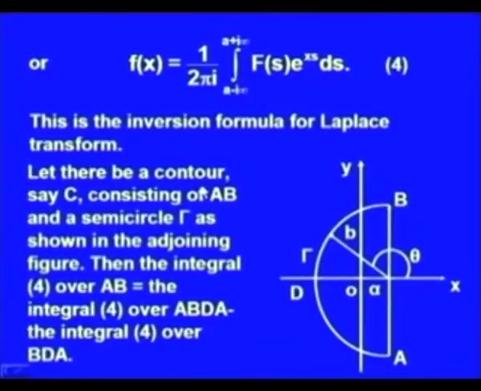So, let us assume that there is a contour C which consists of the line segment AB and a semicircle gamma as shown in this figure. Then the integral 4 along AB is equal to the integral over ABDA minus the integral over BDA. From the integral over ABDA we subtract the integral over BDA in order to get the integral over AB.